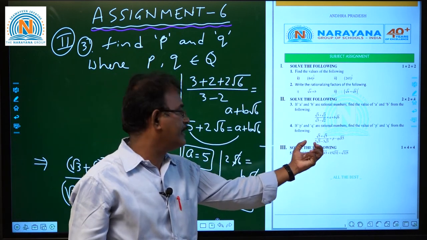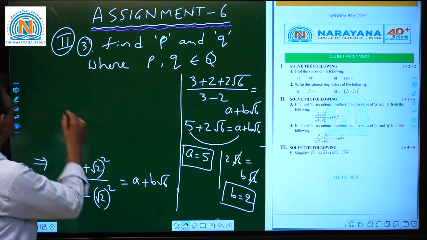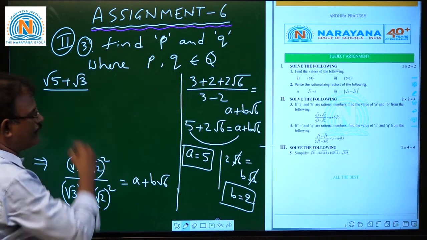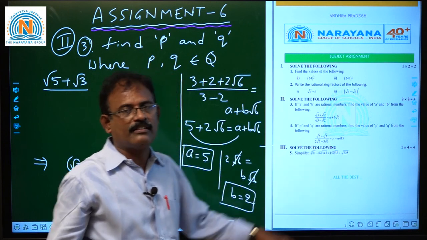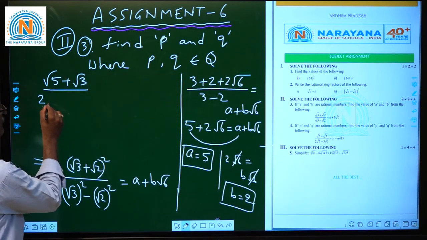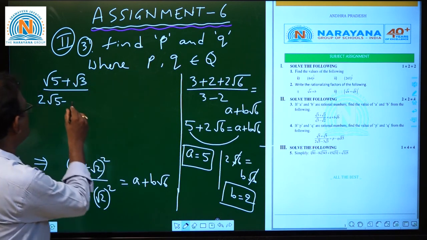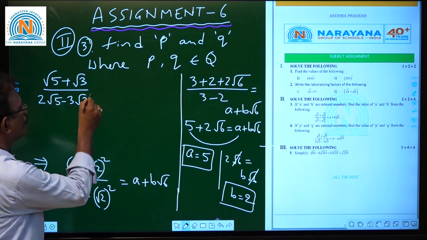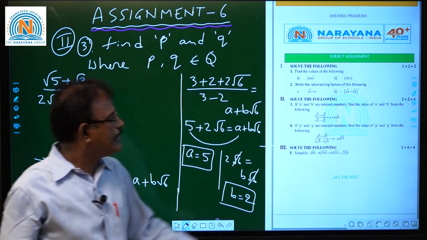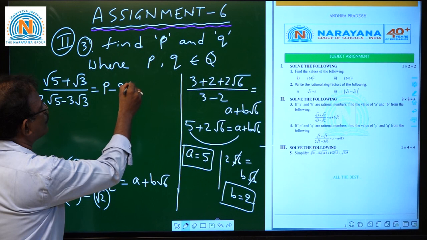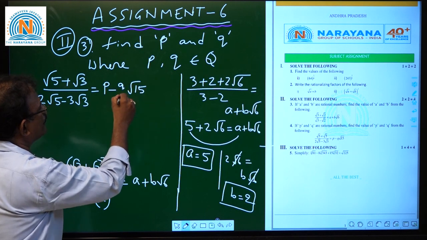From the following identity, that is (root 5 plus root 3) divided by (2 root 5 minus 3 root 3) is equal to P minus Q root 15. P minus Q root 15.